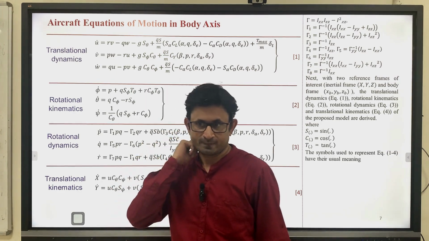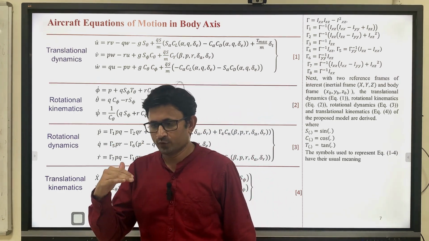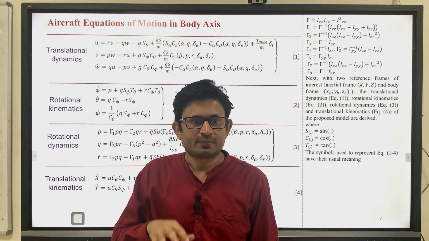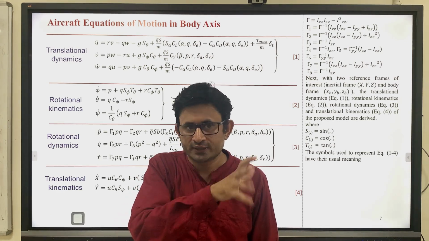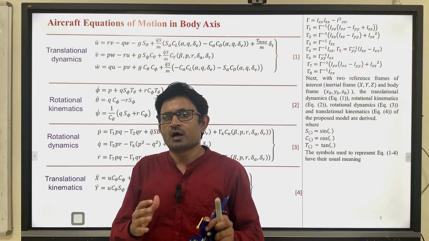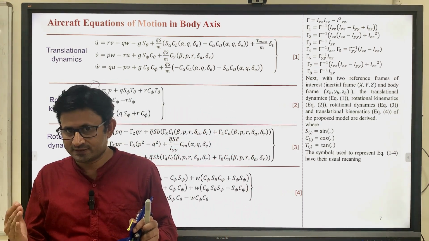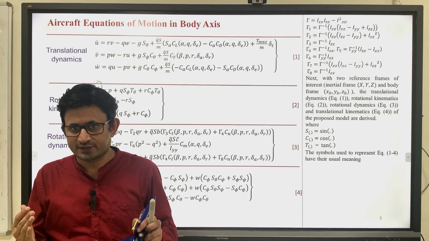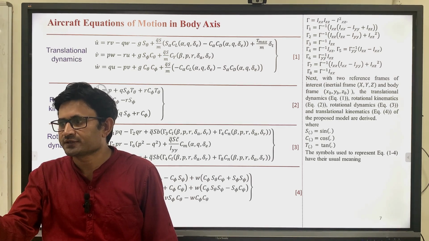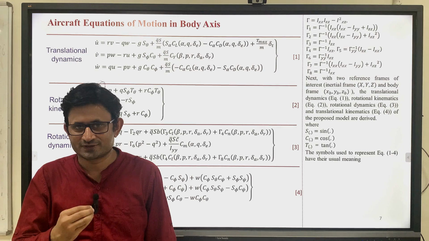But see, you can obtain this by putting F equal to ma, right? But the thing is, F equal to ma you can put in an inertial frame, right? So that means somehow I have to find out all the external forces. That is why I told you about gravitational force, aerodynamic force, propulsive force.